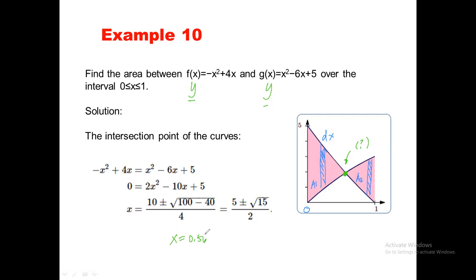If you do addition, you have 5 plus the square root of 15. And if you're going to divide it by 2, take note, the other answer is x equal to 4.436.